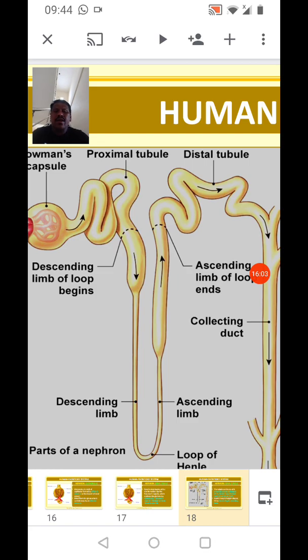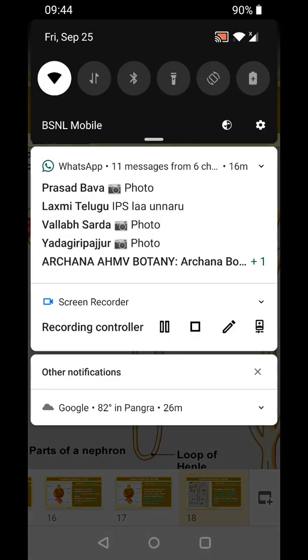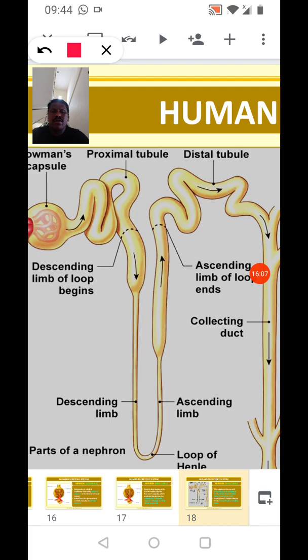Okay, and remember, the proximal part of the ascending limb is thinner and the distal portion of the ascending limb is thicker, and this thicker part of the ascending limb of the loop of Henle will be continued as the distal convoluted tubule. Right?